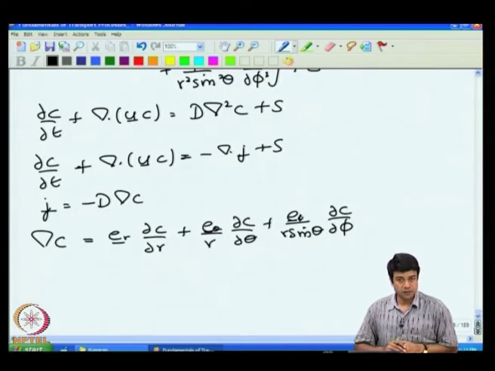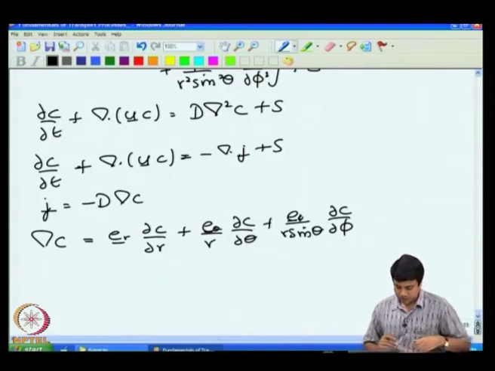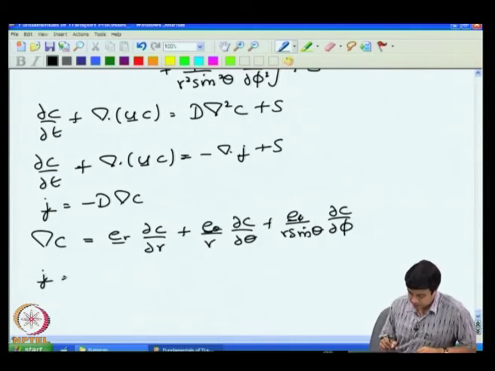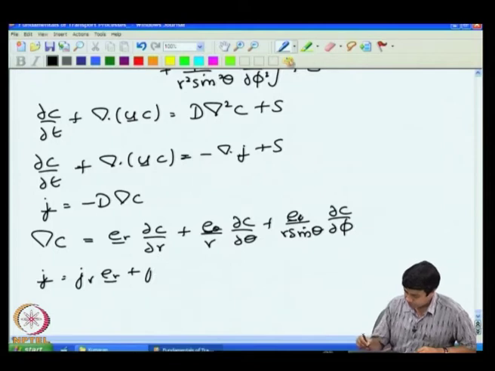I can write j is equal to jr er plus j theta E theta plus j phi E phi.